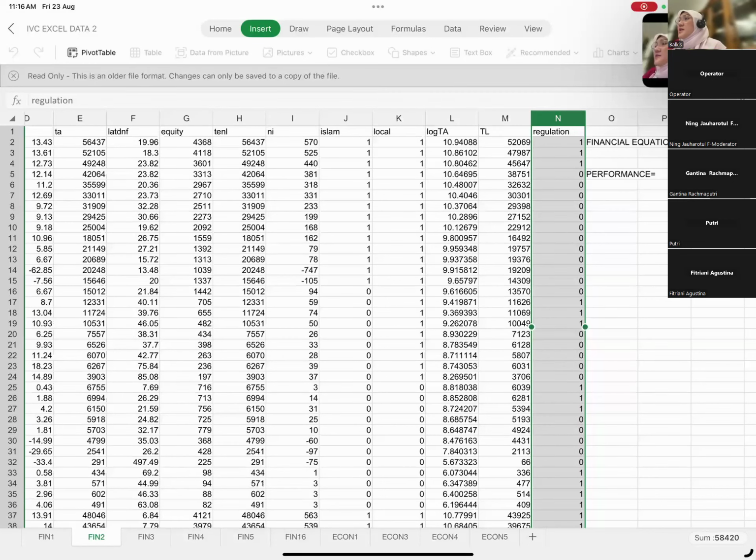IFSA means Islamic financial institutions in Malaysia. FSA is meant for all the conventional financial institutions in Malaysia. They have to change their capital adequacy ratio, the CAR.